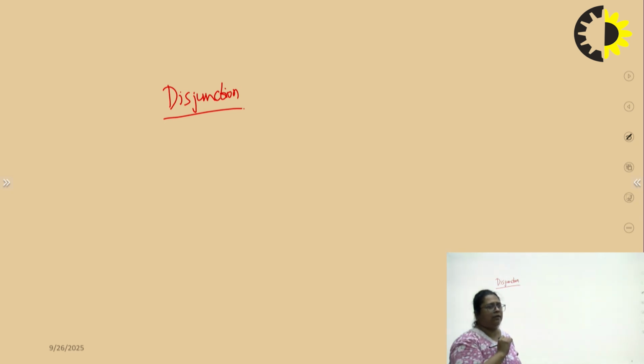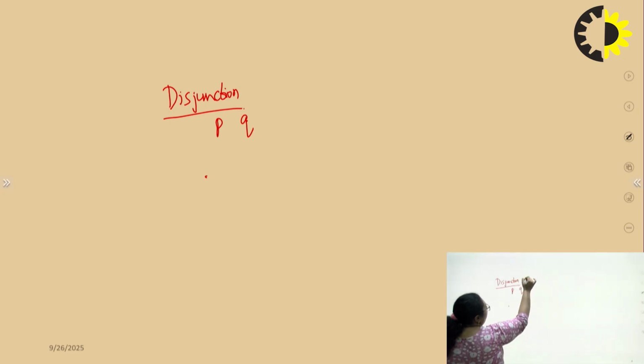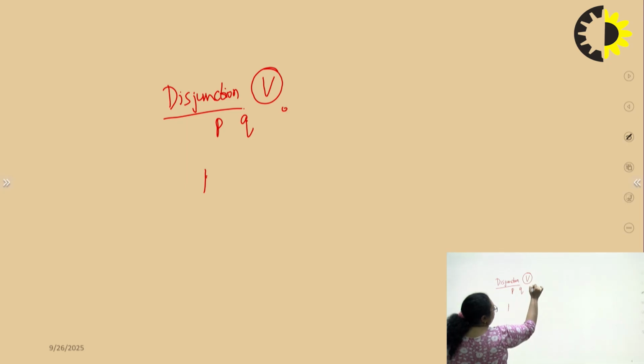So suppose we have two propositions P and Q. How will the truth table for disjunction be carried out? It is denoted by this sign. Again we have two propositions, so 2 to the power 2, that is 4 cases, we will be having.